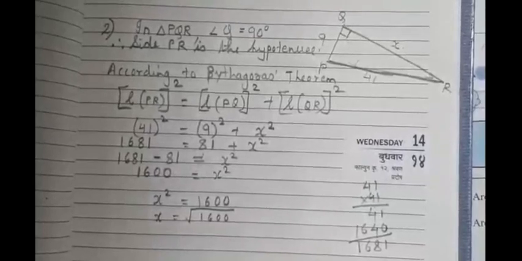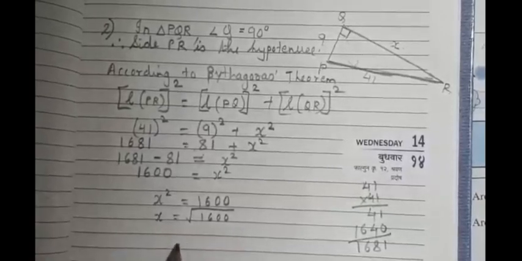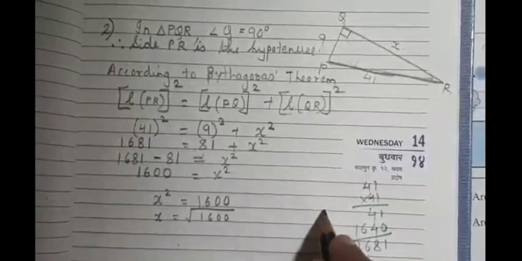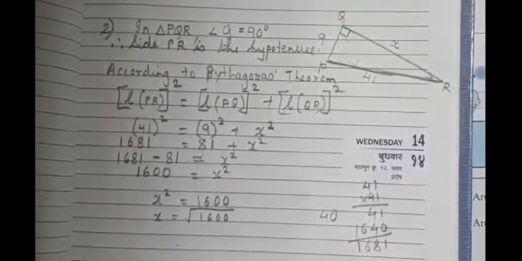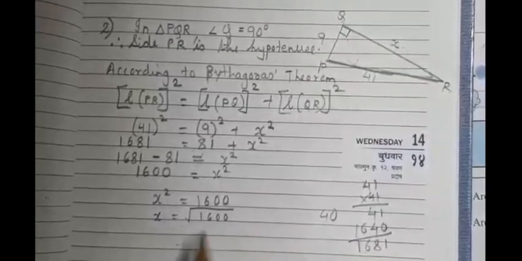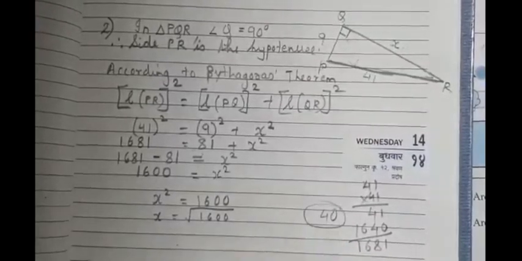Root of 16 is, means which two numbers we multiply to get 16? Those two numbers should be the same. Yes, 4 4s are 16. So 4. Now 2 zeros, from that 1 zero we will add. Then it will be 40. So root of 1600 is 40.